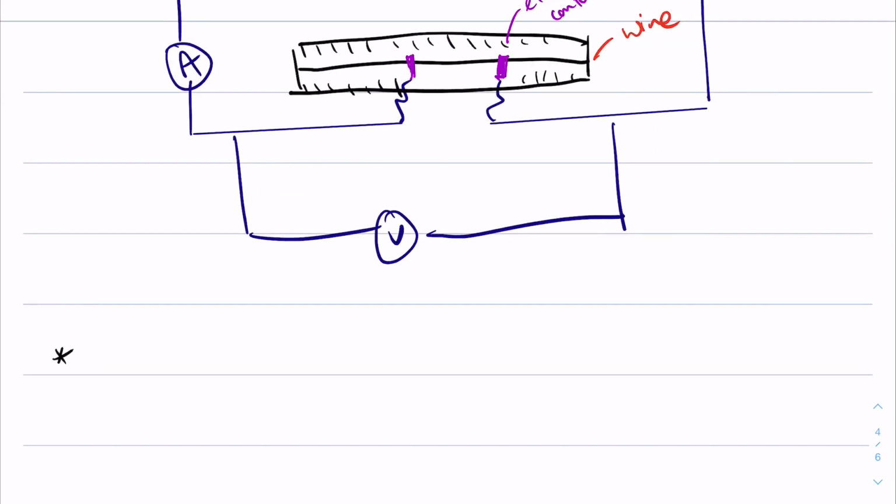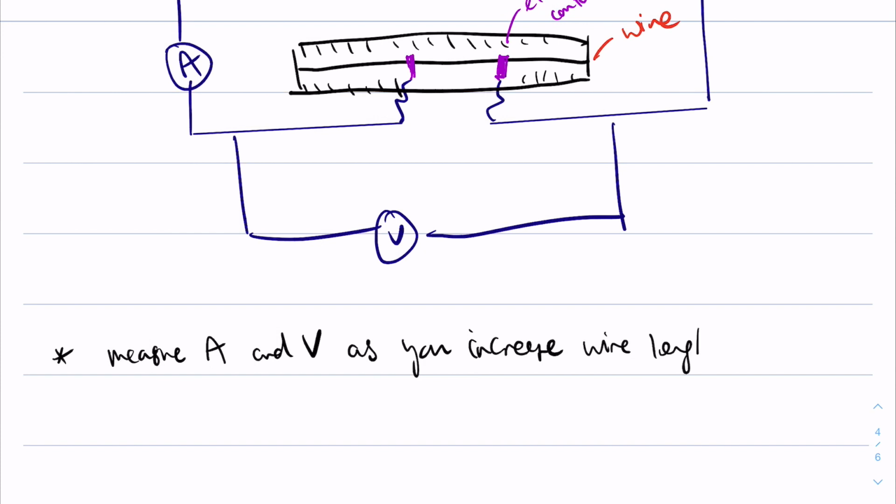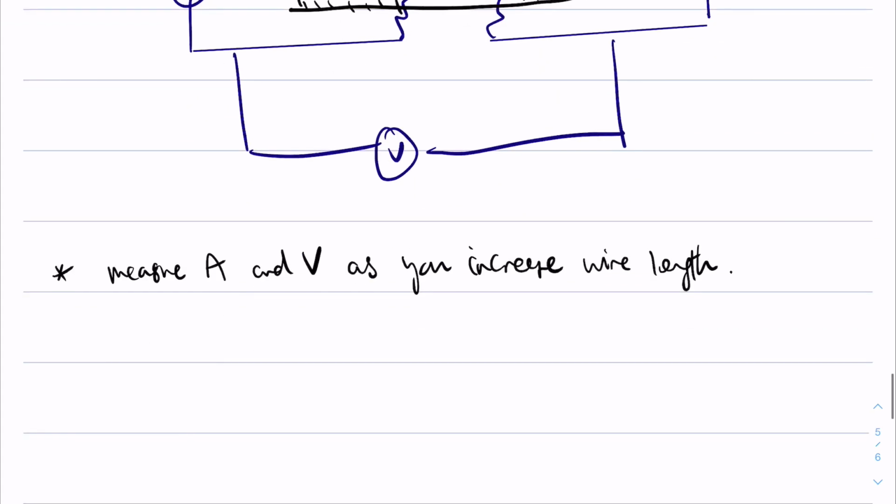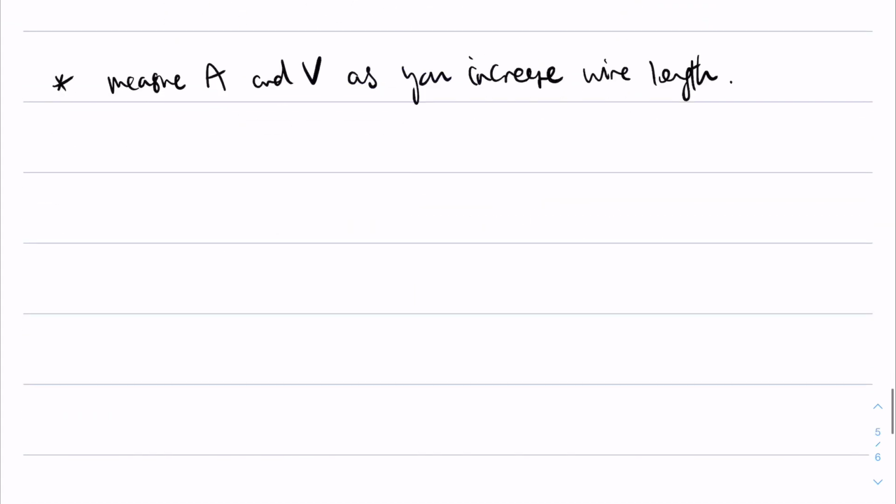So you measure amps and voltage as you increase wire length. You're increasing the amount of wire that the current has to travel through in order to complete the circuit.